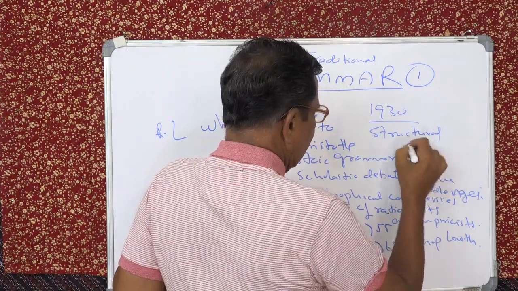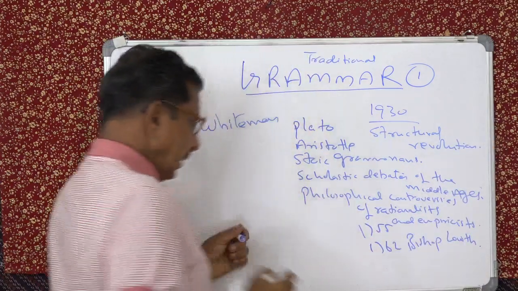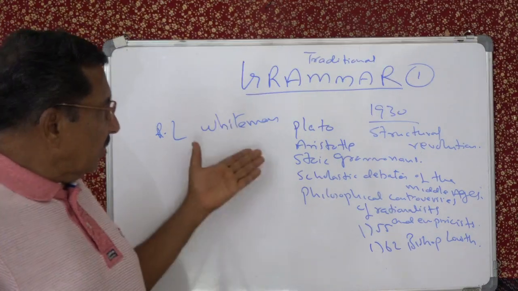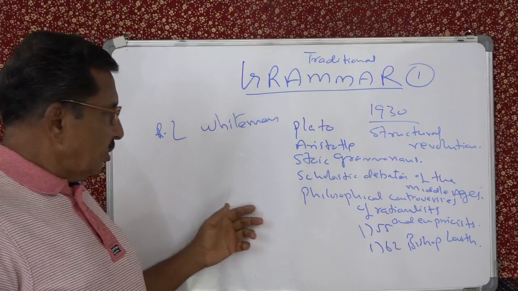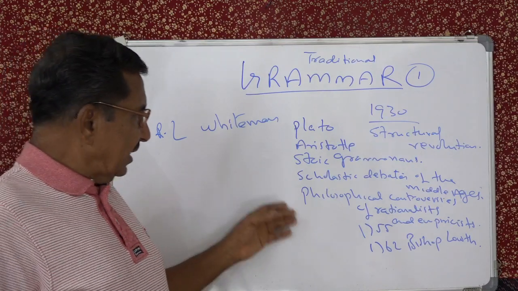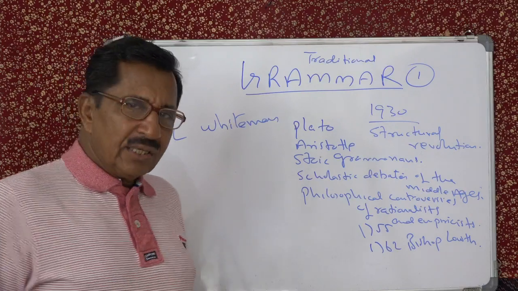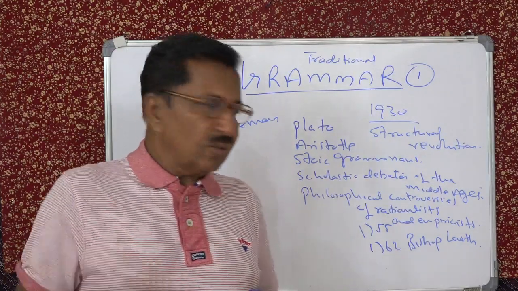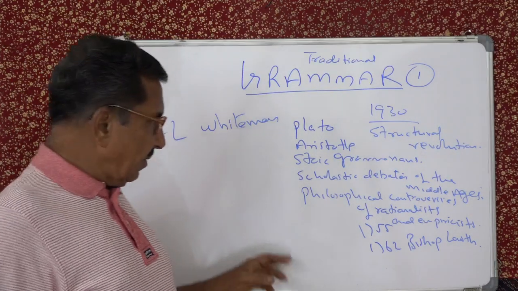So when you speak of traditional grammarians or grammar, it begins with Plato, Aristotle, Stoic grammarians, then the scholastic debates of the Middle Ages, debates going on in universities about grammar, what is correctness and things like that.